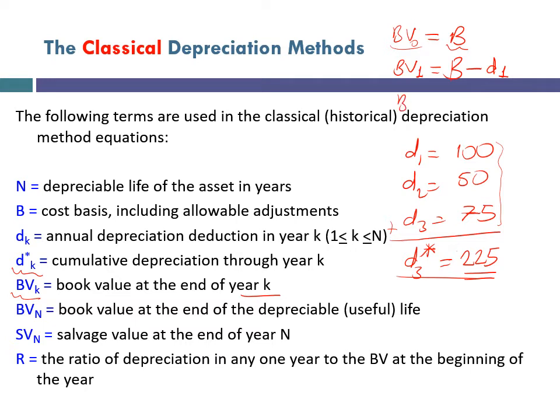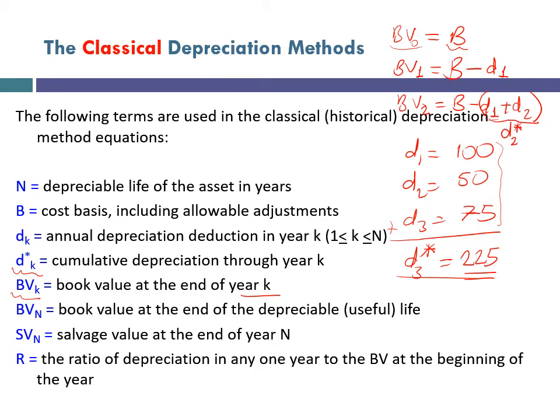In year 2, the book value at the end of year 2 will be equal to the original book value minus depreciation in year 1 minus depreciation in year 2. Or we can write it like this: book value minus the sum of depreciation in year 1 plus year 2, and simply this is the cumulative depreciation until the second year.